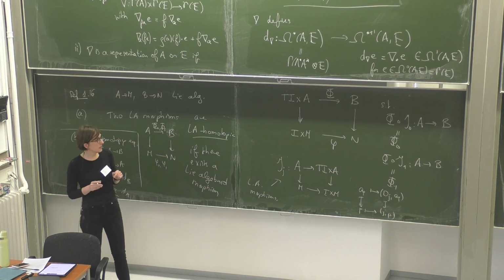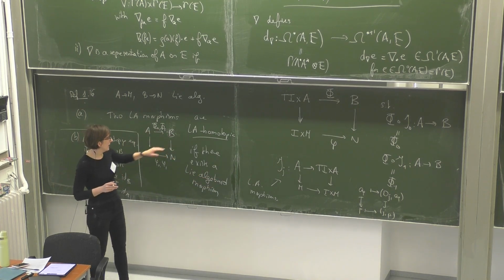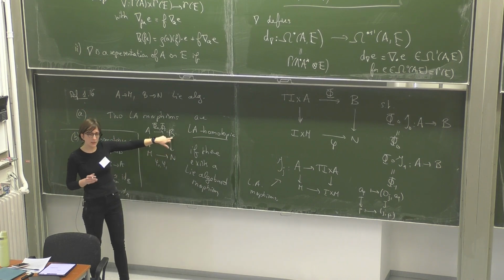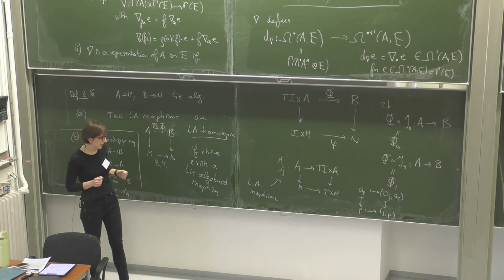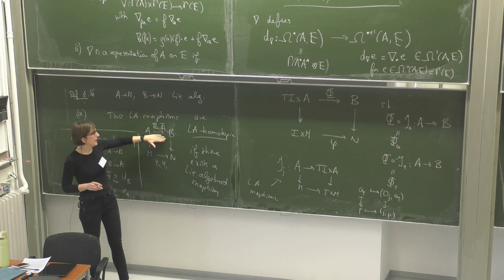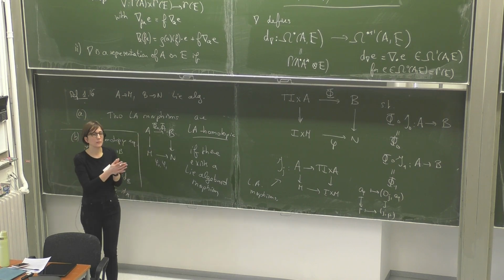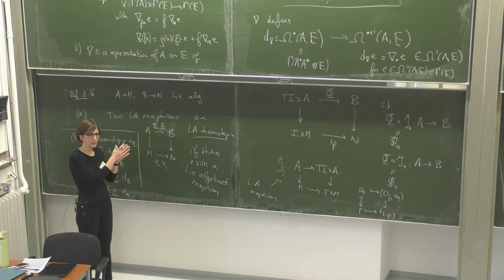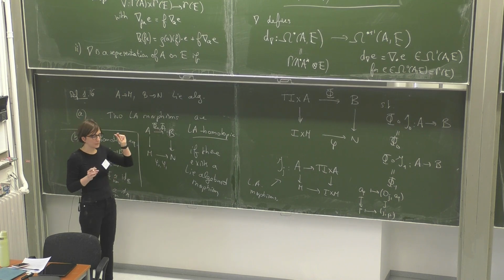So for instance, two LA homotopic Lie algebra morphisms to an abelian Lie algebra have to be identical. And that's a special case of the fact that LA homotopy of morphism is phi 1 being a smooth deformation by Lie algebra morphisms of phi 0. Sorry, not only smooth but trivial deformation, right?